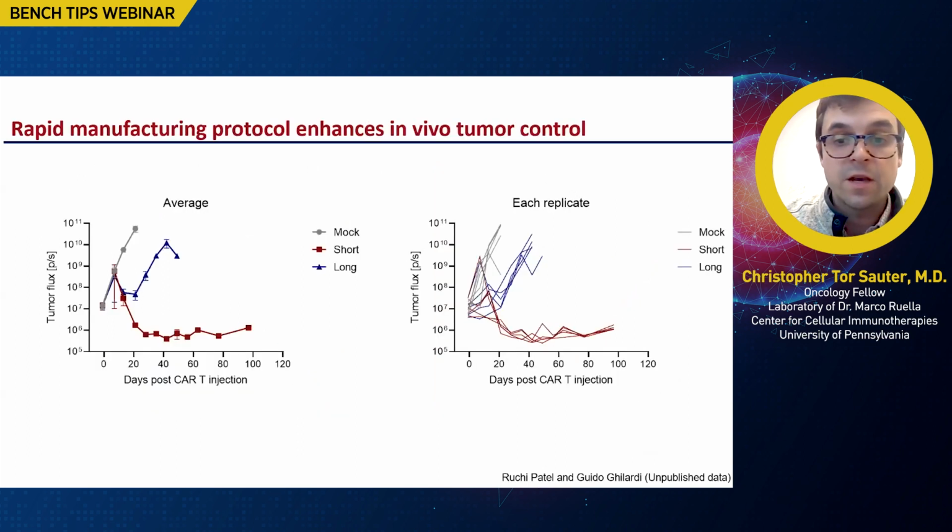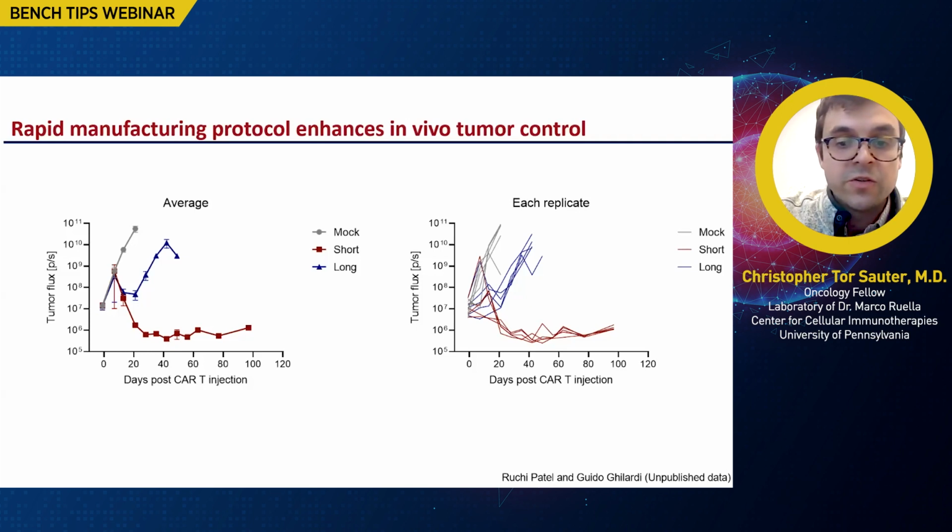When we examined in vivo the comparison of these CAR T cells produced via long and short protocols, we can see that CAR T cells manufactured using a short protocol demonstrate enhanced tumor control compared to the long protocol. So we have tumor flux on the y-axis, with the short protocol in red here.